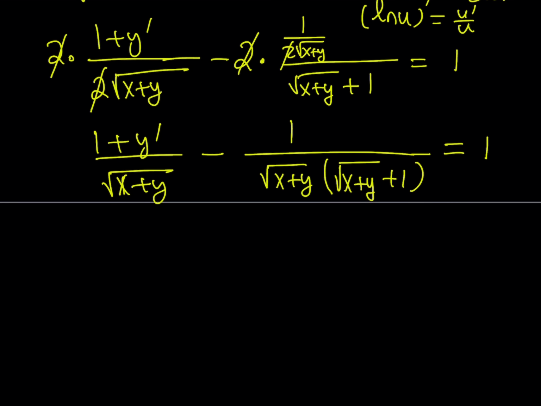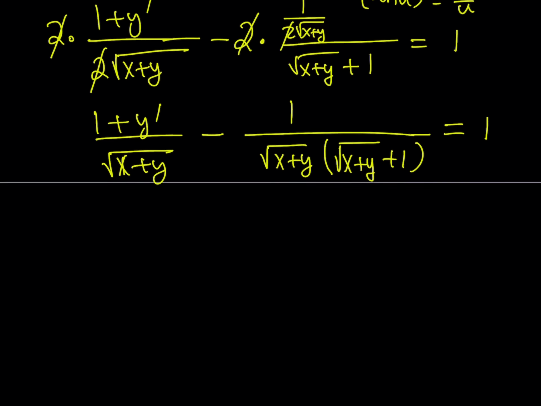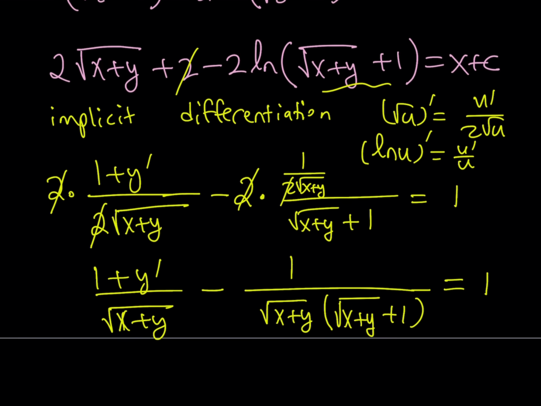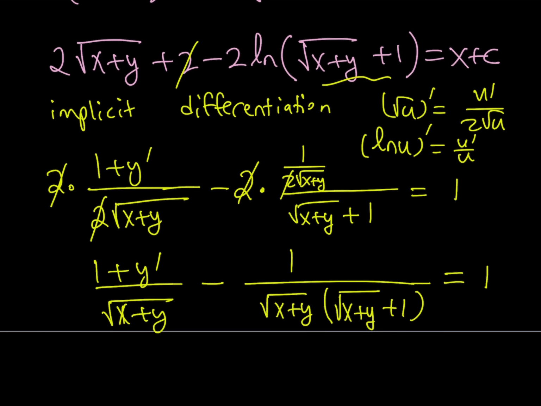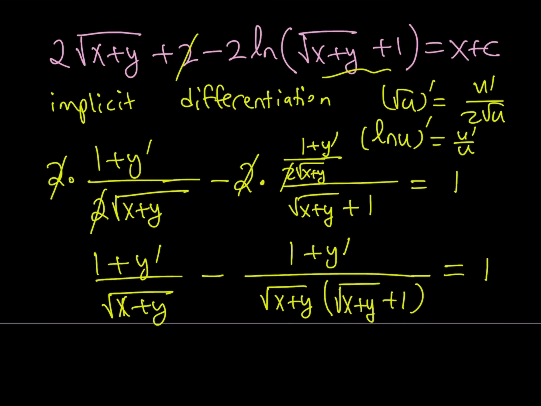Let's simplify this a little bit more. We need to make a common denominator. And I think we forgot something here. U prime should include, yes, exactly. I should actually use the same thing here. So it's supposed to be 1 plus y prime, not just 1, because I forgot to differentiate y.